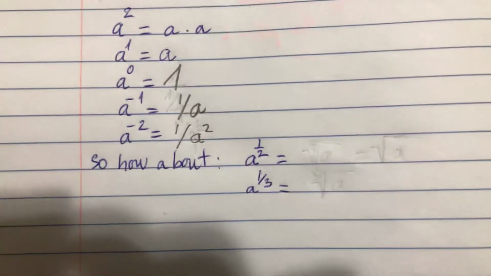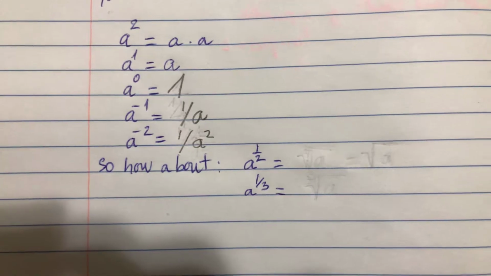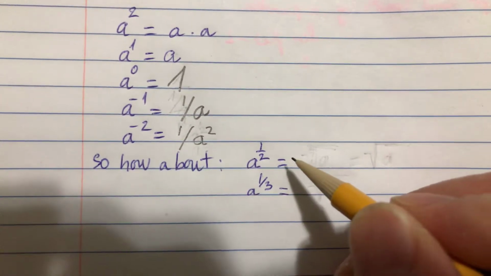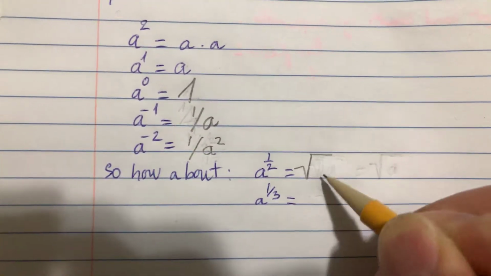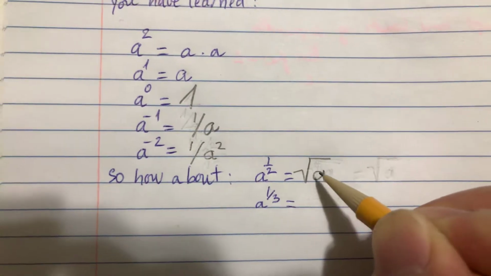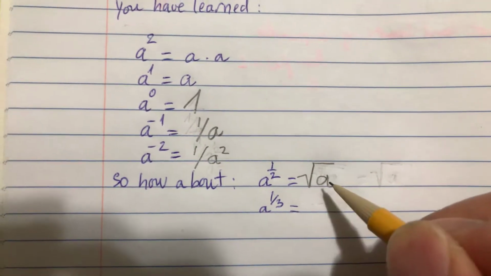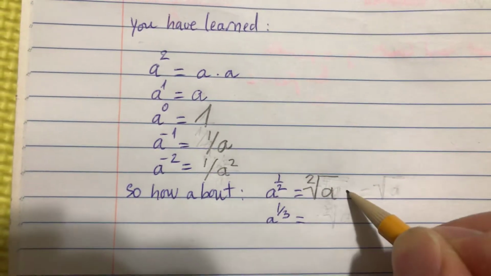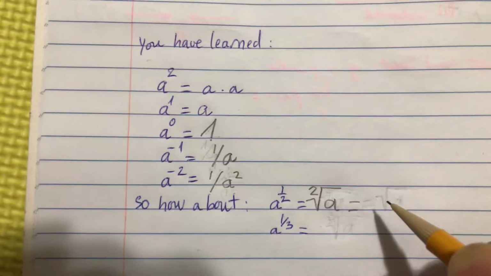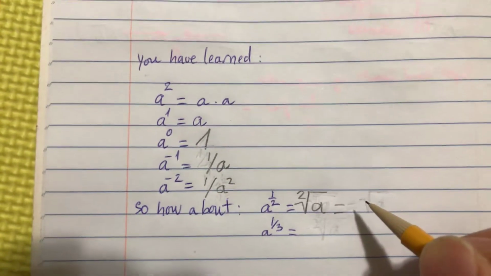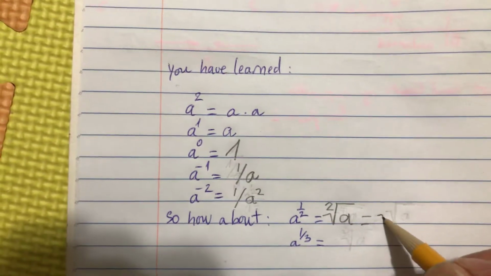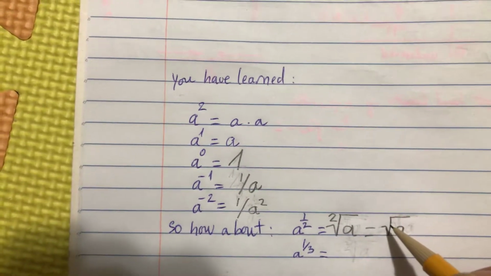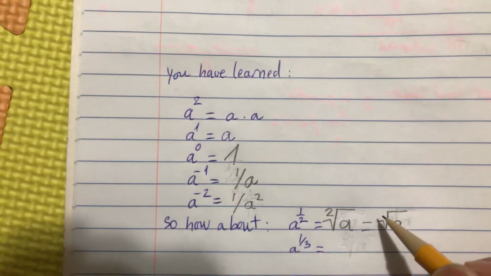So here, a to power 1/2 can be written as square root of a, or I say the root of a with the index 2. Normally we don't write the index 2, and we just have square root of a without writing down the hidden number 2 here.